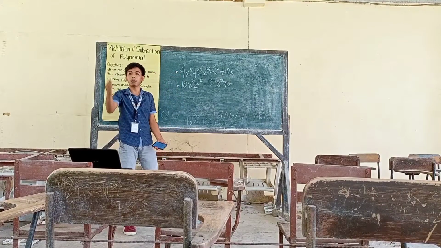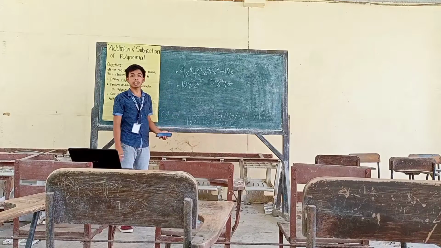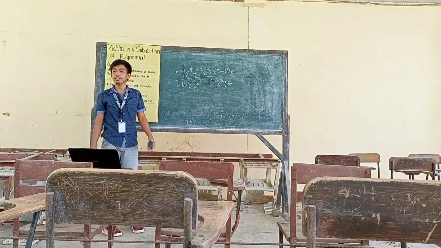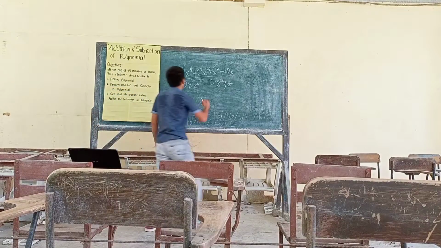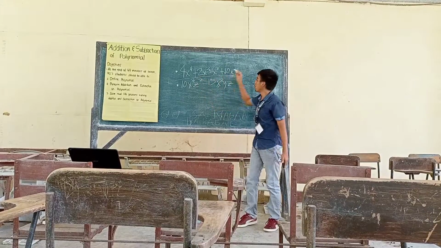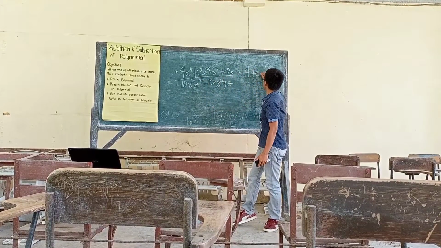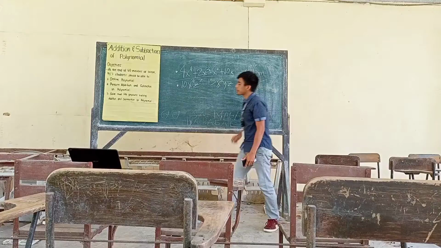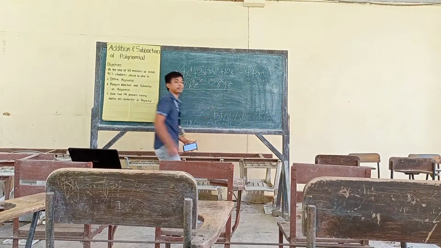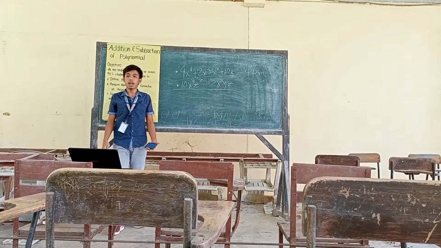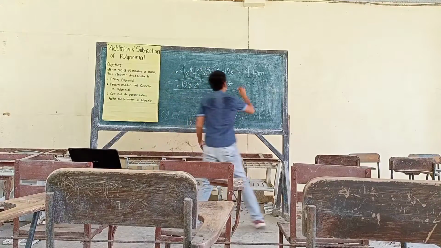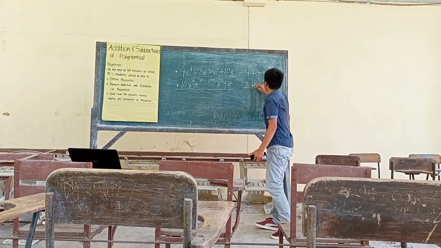Yes, Jerry, how many terms does this expression have? Yes, good. The number of terms of this expression is 4. So, who is next? What about this expression? Yes, Mark, how many terms does this expression have? Yes, good. This one has 2 terms.